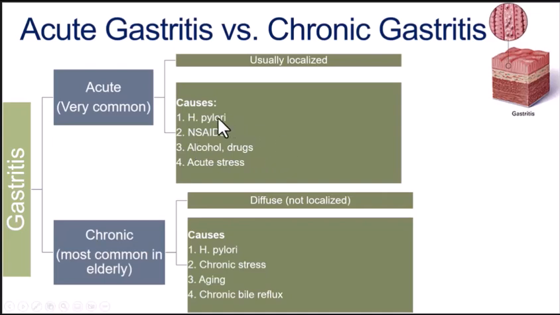So when you take an NSAID, it blocks the action of what's called COX-1 or cyclooxygenase 1, which prevents the formation of more prostaglandins, thereby reducing your pain.